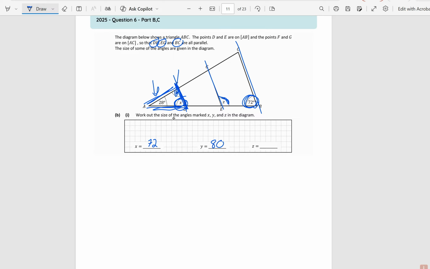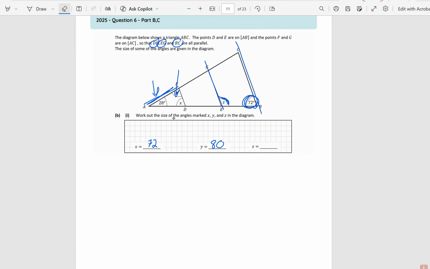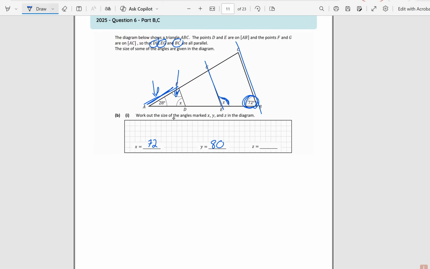And then z here, which is this. I know that x is 72. Here's a straight line, so I know that this bit here would be 180 minus 72, which would give me 108 degrees. Why am I wanting to find that?